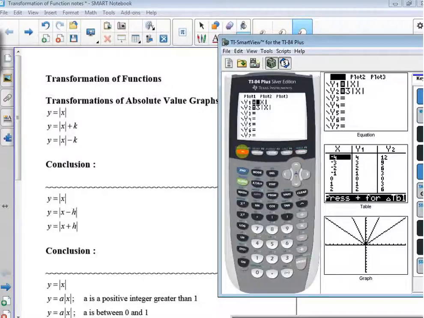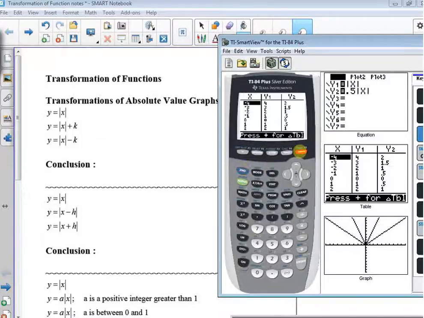If I put in 0.5 times the absolute value of x, you should notice that the y-coordinates are dividing by 2. The x-coordinates are staying the same.